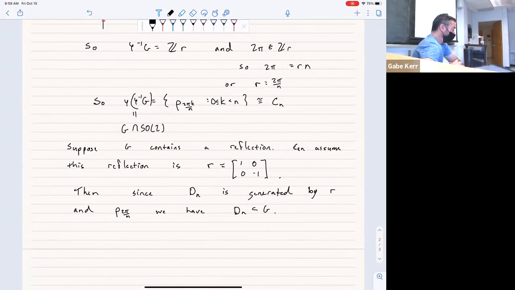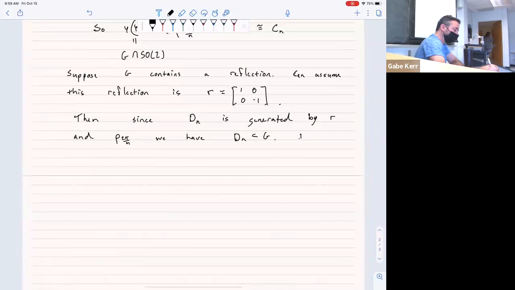So how come we don't have anything else in it? Well, the reason is if we had anything else, we could multiply by R and get another element that's orientation preserving, and we know what that is.